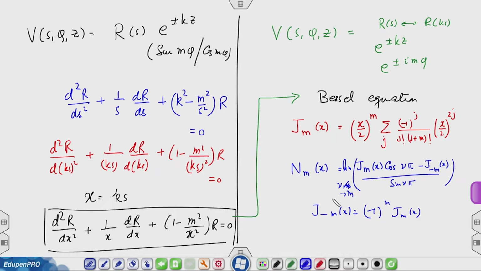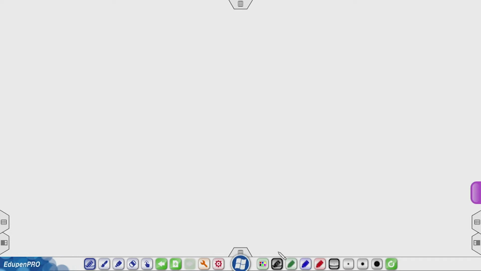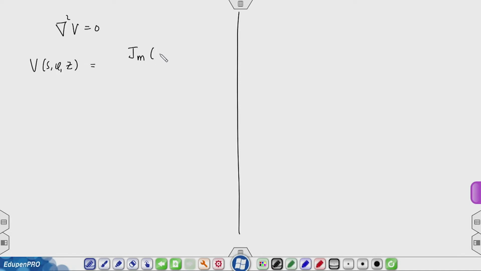We have gotten that if you take this equation in cylindrical coordinates, you get V(s, phi, z) as equal to J_m(x), x being ks, times e raised to plus minus kz times e raised to plus minus i m phi. It's a product of these, and then you sum over m and k.